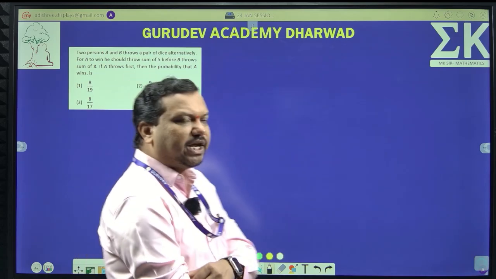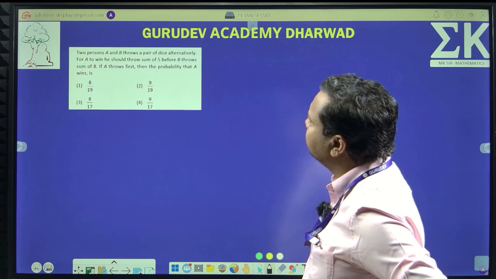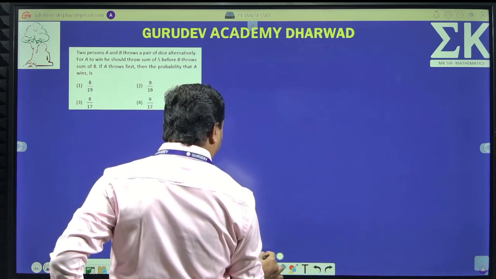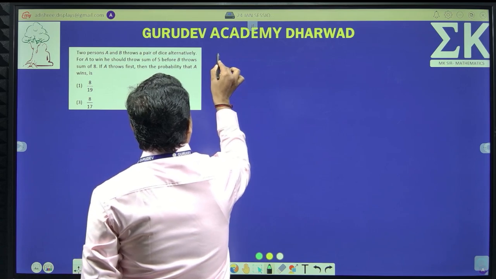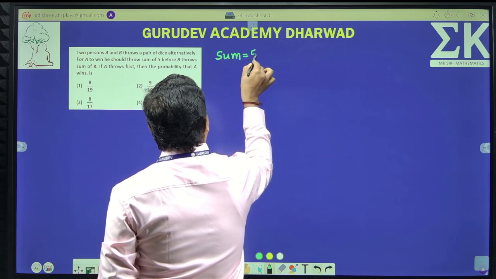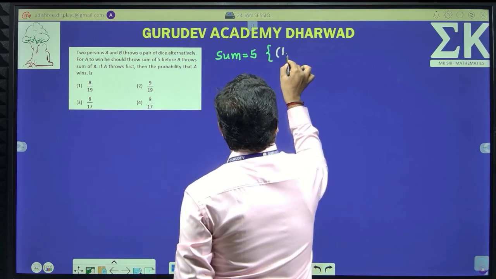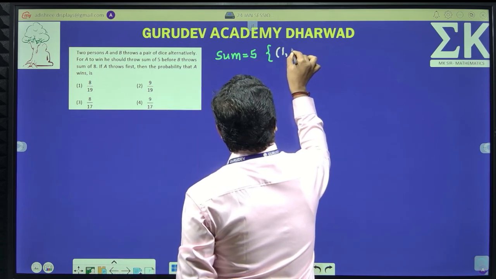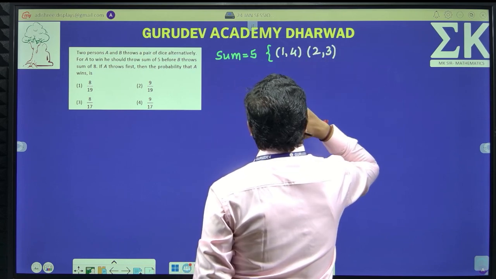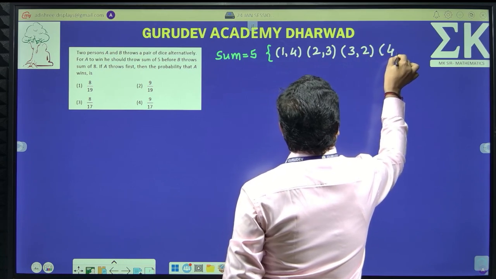Two persons A and B throw a pair of dice alternatively. For A to win, he should throw the sum 5. Okay. So sum is equal to 5 means what are the possible values we have? 1 comma 4 is there, 2 comma 3 is there, 3 comma 2 is there, 4 comma 1 is there.